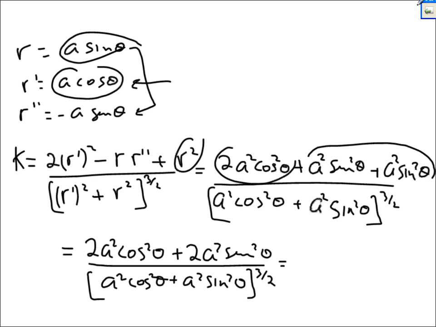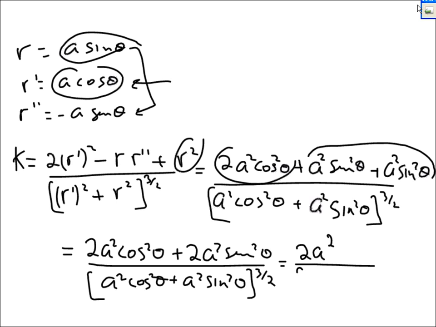Okay, in the numerator I can factor out 2a squared. And what's left over, cosine squared theta plus sine squared theta. But that's 1. 2a squared times 1 is 2a squared.